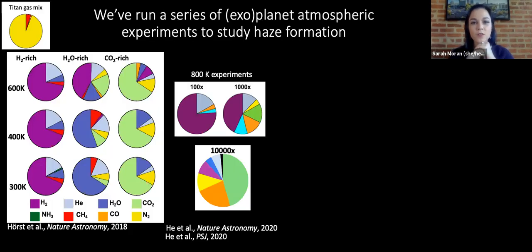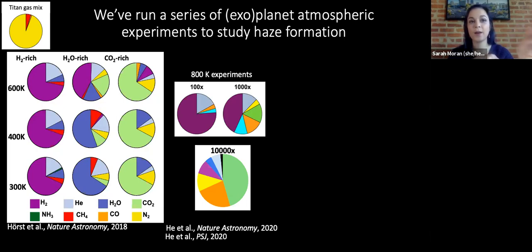So that's your intro about what haze is and what the exoplanet question I'm focusing on is, but now we're going to move into the lab itself and try to untangle some of these problems that I've been describing. In the PHAZER lab and Sarah Hörst's group, we've done this whole series of planetary haze experiments.